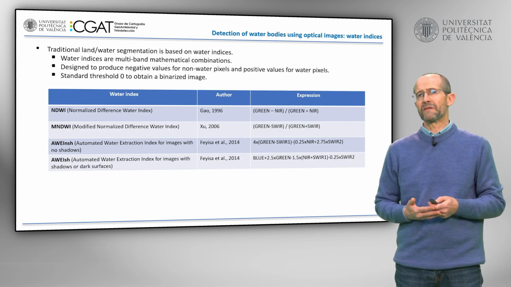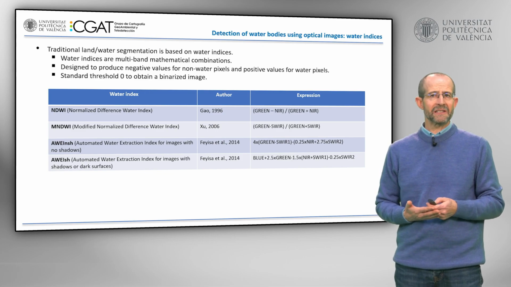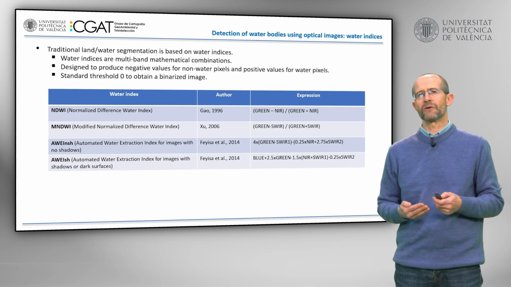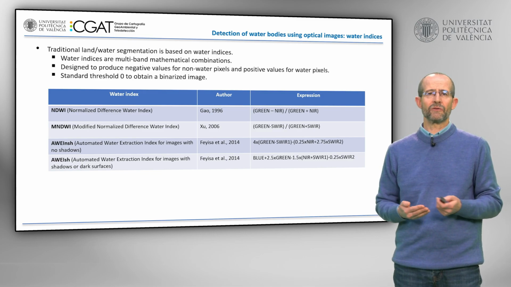Traditional segmentation methods are based on the use of water indices. Most of these indices are designed to generate negative values for pixels with no water and positive values for pixels with water, so the standard threshold used to separate them is 0.